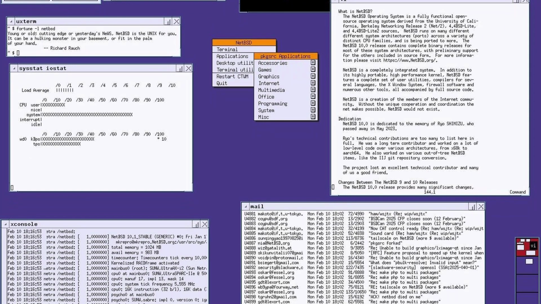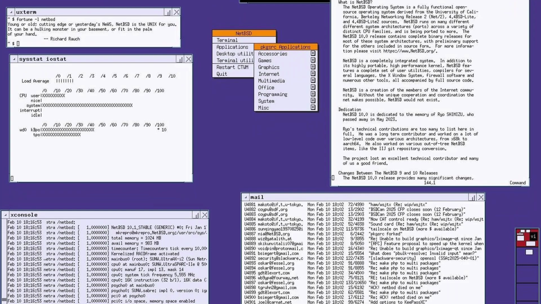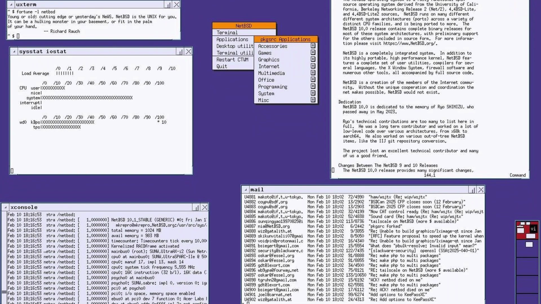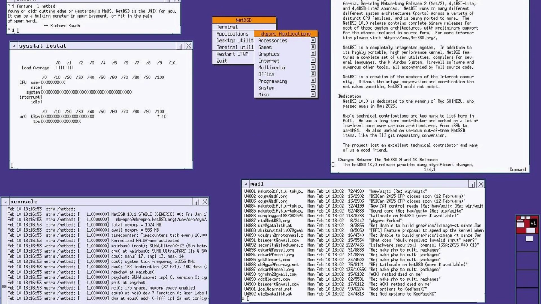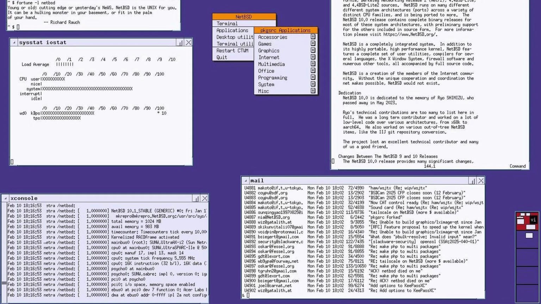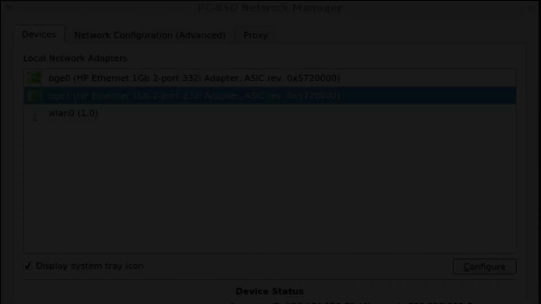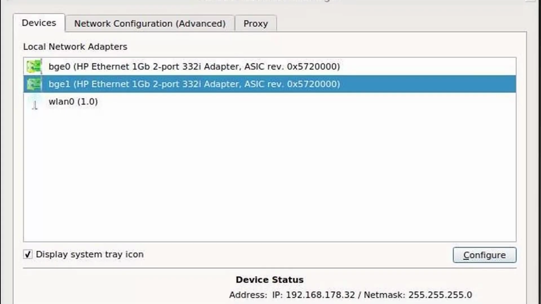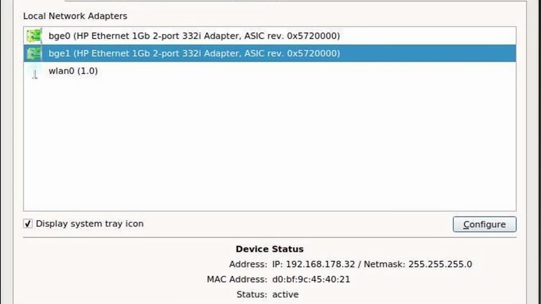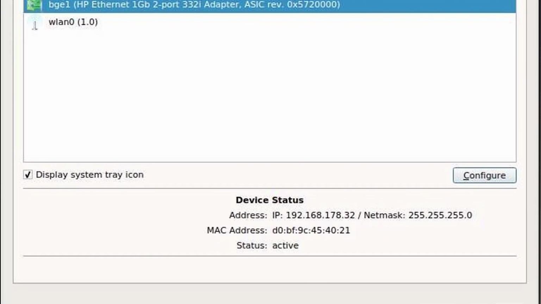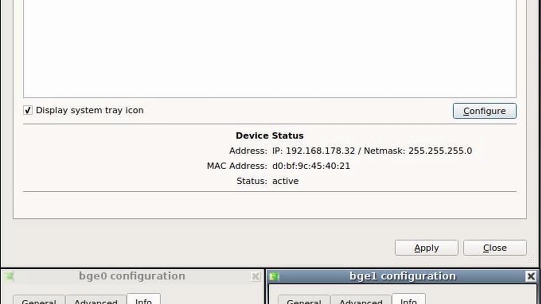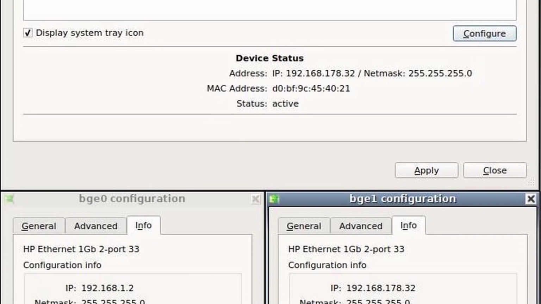They're tackling challenges in areas like cloud computing, virtualization, and the rise of mobile devices. BSD developers are working on making their operating systems even more secure, efficient, and adaptable to meet the demands of the modern world. So BSD is not just a relic of the past.